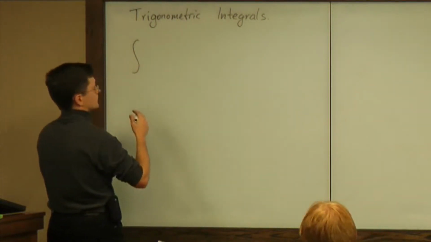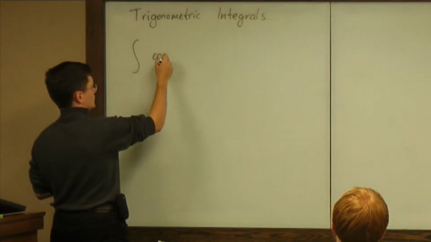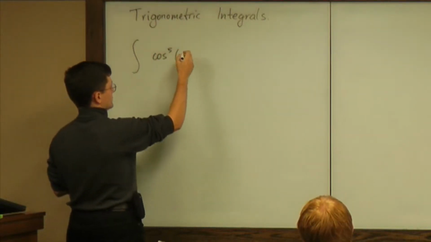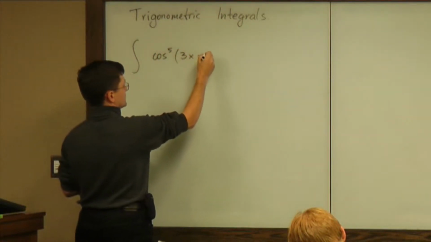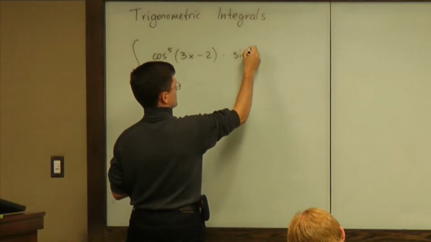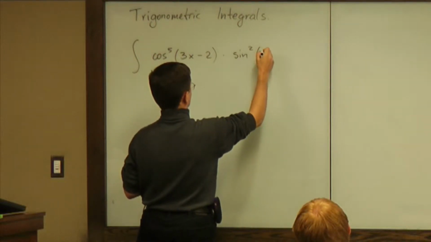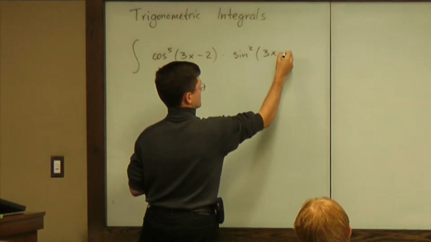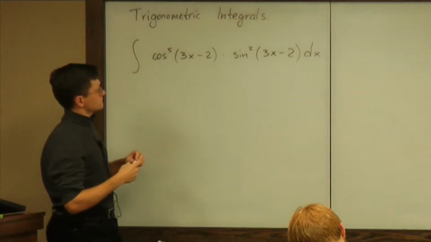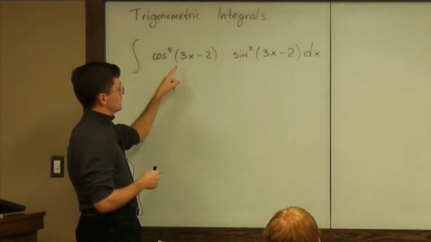So I look at integrals like cosine to some power of the argument 3x minus 2 multiplied by sine to some power of the same or maybe different argument. This is going to be the typical example for you.